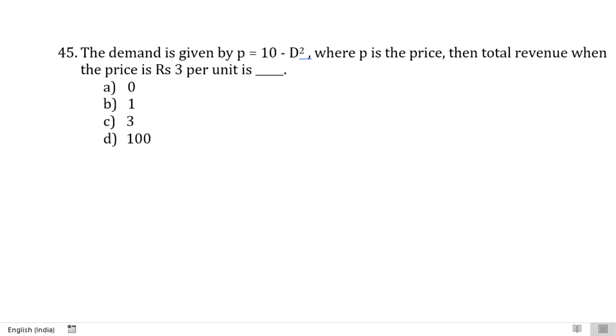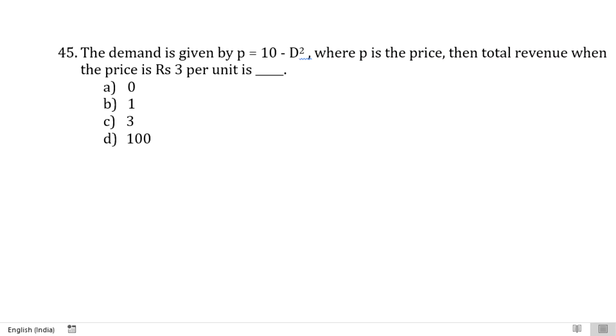Okay, so next question is, total demand is given by P is equal to 10 minus D square, where P is price and the total revenue is being asked when the price is 3. Again, just in the previous question we had solved this type of question where we need to find out the total revenue using the formula.